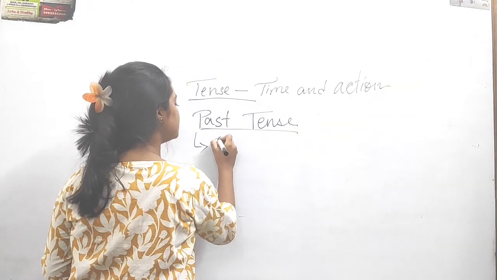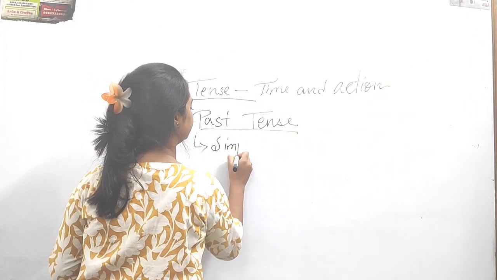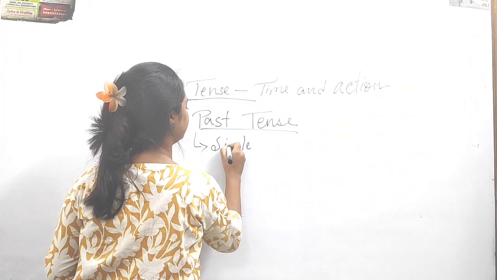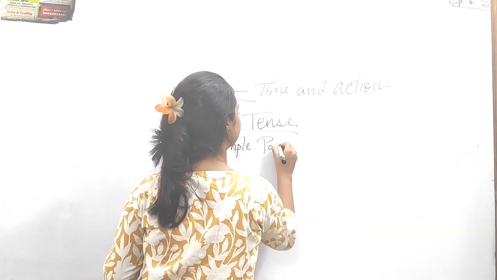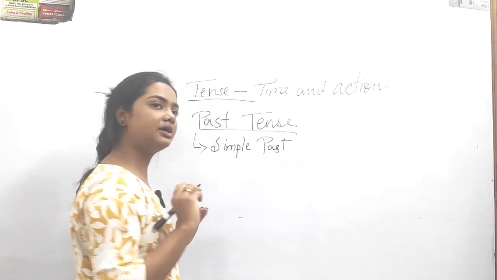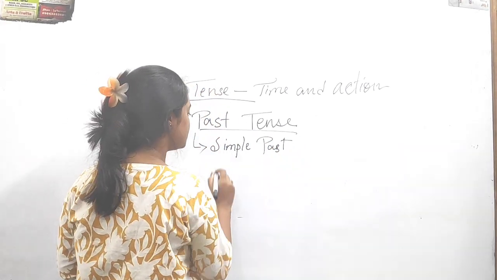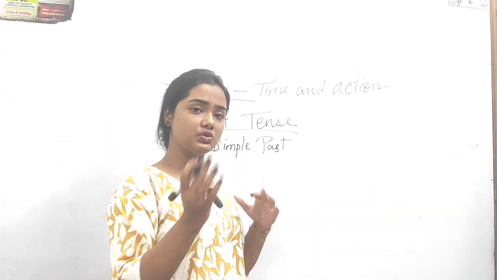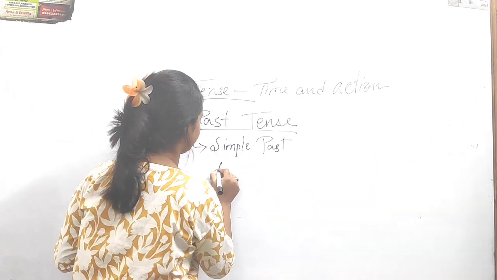First is your simple past. I'll take the same example so that it becomes easier. The first example, I eat rice, will be I ate rice.